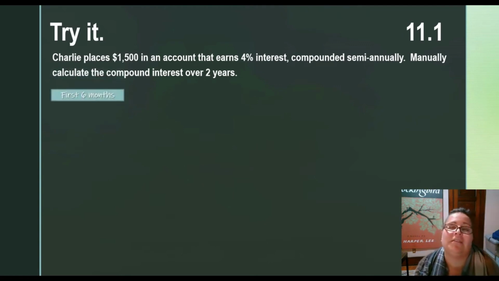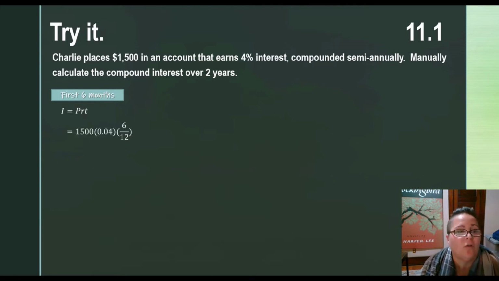So in the first 6 months, we're going to look at just interest as principal times rate times time. Our principal is the $1,500, our rate is 4%, and our time is the first 6 out of 12 months. This is $30. So those $30 are then going to be placed into the account.